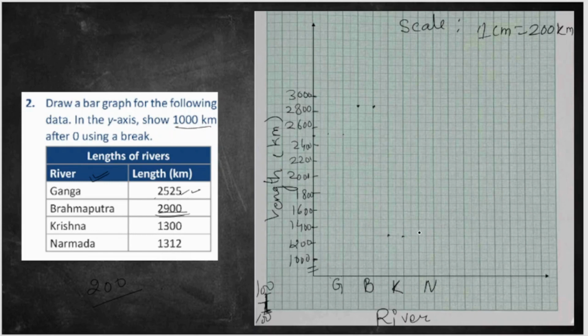Okay, so for Narmada it will go a bit up, because again we need to take more than 1300. Right, so now let's draw the graph over here. Graph means we will draw the bars. Okay, so this graph we have drawn.